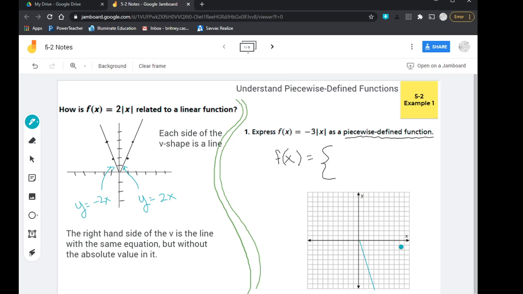So we're going to write the equation of that line. Alright, that is y equals, and we know the slope is negative 3x, and our y-intercept is at 0, so I don't need to put the plus 0, I could just leave it that way. So that negative 3x is going to come here.